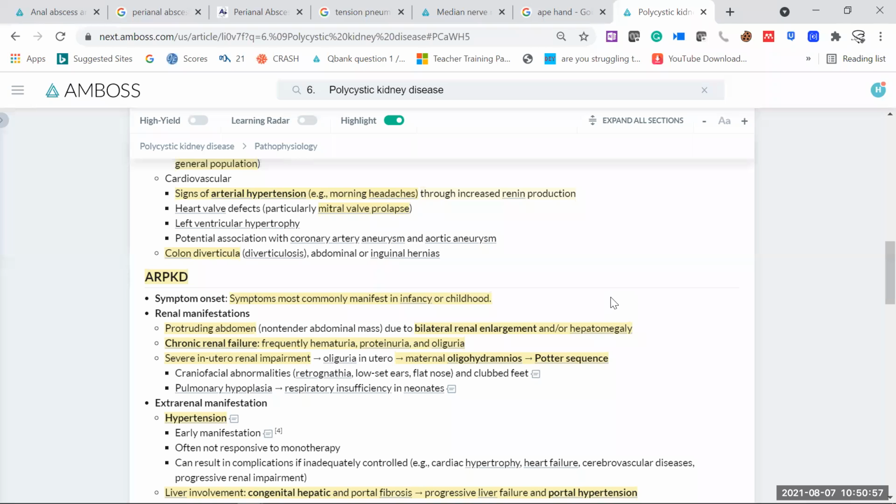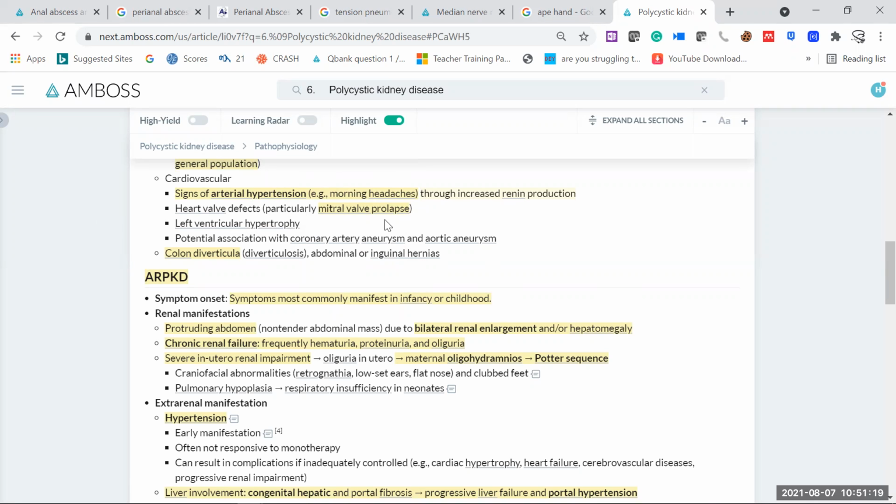Not only the brain, but the heart can also be involved in those who have this PKD. They can present with cardiovascular findings as well, because polycystic kidney disease results in hypertension. Hypertension can lead to morning headaches and increased renin production. Sometimes you will find defects in the heart valve, for example mitral valve prolapse.